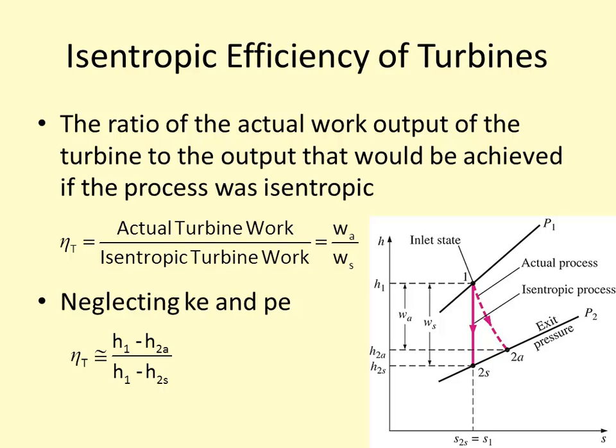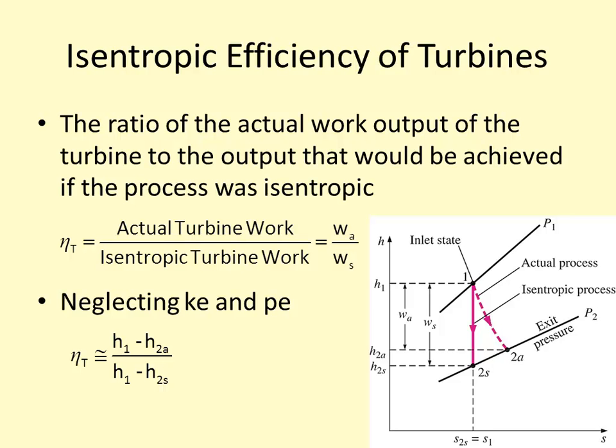Okay. So if we were to neglect any changes in kinetic and potential energy, and we were just to perform the energy balance and determine our actual turbine work, and again, we're also ignoring any heat transfer out of the turbine, then we would find that the actual turbine work is just the difference between the enthalpy at state 1 and enthalpy at state 2, and the isentropic work is the difference between the enthalpy at state 1 and the enthalpy at state 2 if we assume the entropy is constant.